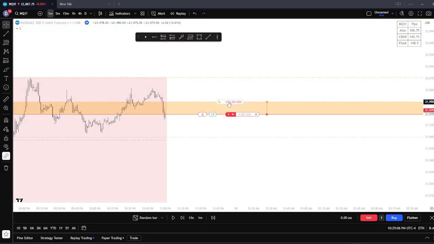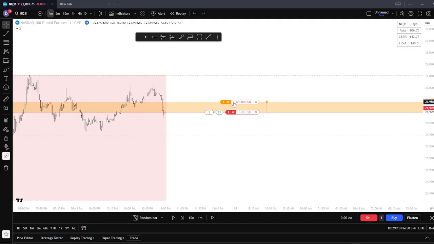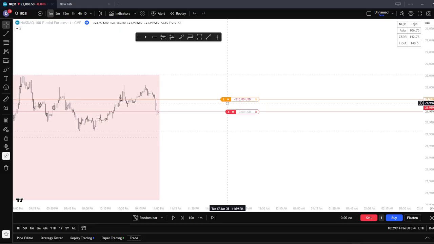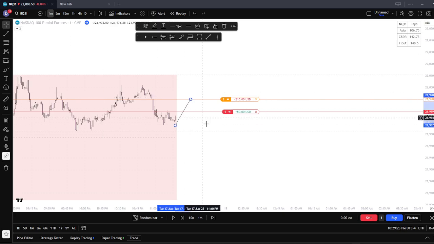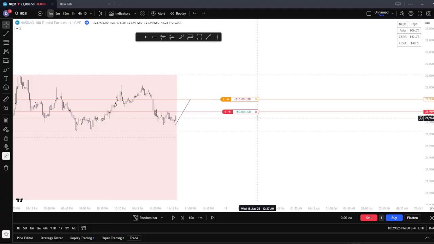A stop loss is where you put basically an order somewhere. So if price comes up, well, I wish price came up, but let's say price came up and hit your stop loss. That would take you out of the trade immediately.